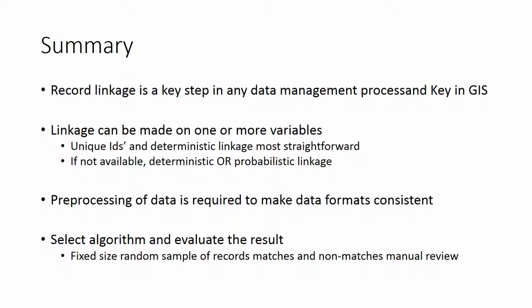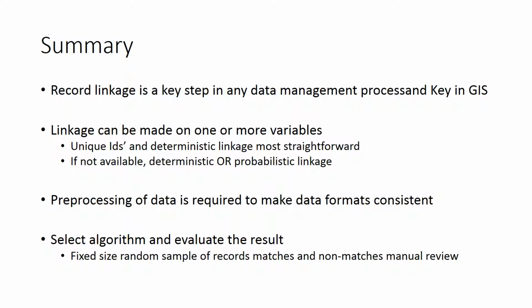Unique IDs and deterministic linkage are the most straightforward. If this cannot be done, probabilistic linkage can be considered. Again, we have not elaborated much on probabilistic linkage in this presentation, but there is a lot of documentation on that to be found online. In any linkage process, pre-processing of data will be required to make data formats consistent and to remove errors in advance of the linkage process.